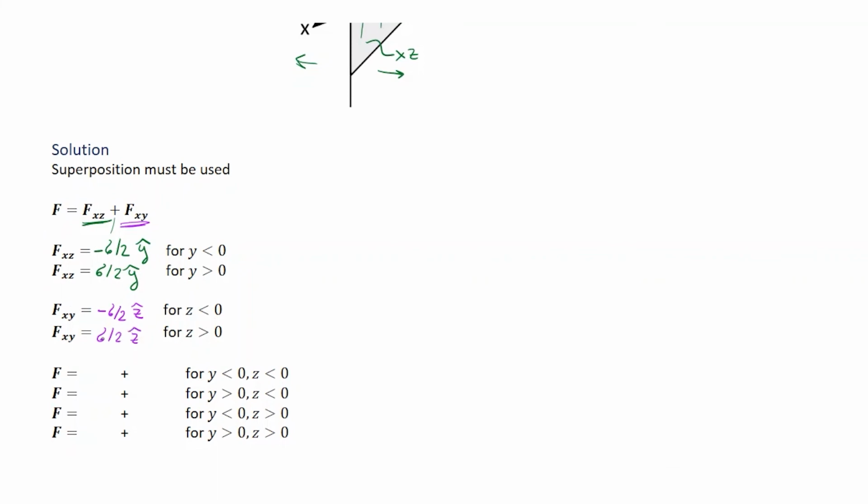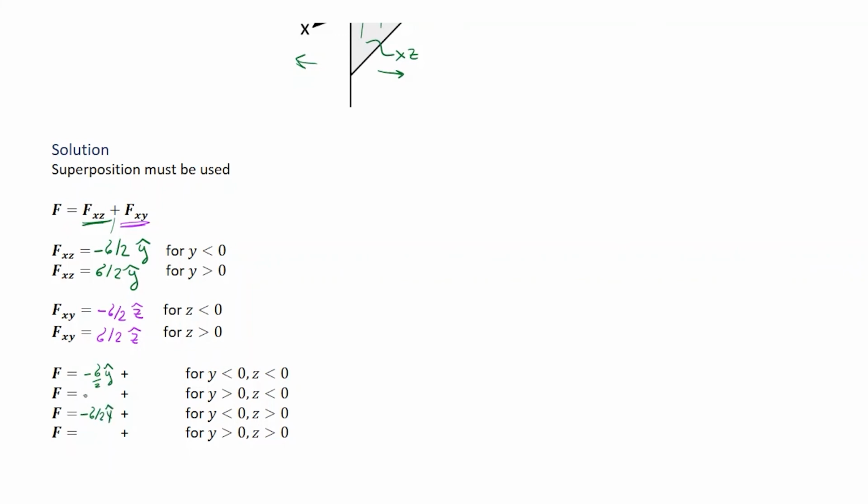Now we want to add these two fields together, so we end up with 4 different regions. You see it's both y and z negative, then y flips the sign, and then the same thing for z. Let's fill in all the fields. So for y that's negative, we use this value. So we have negative sigma over 2 y hat. Here we have negative sigma over 2 y hat.